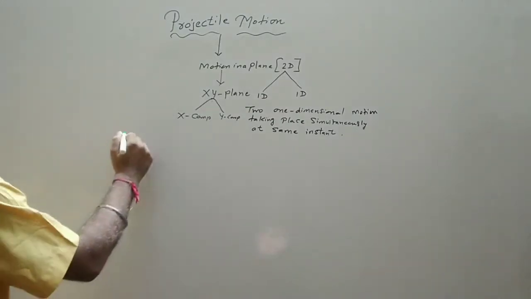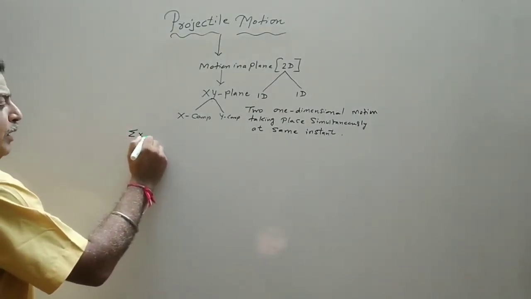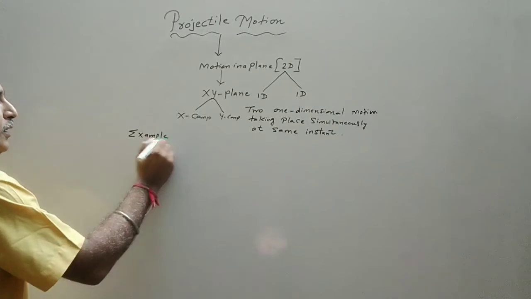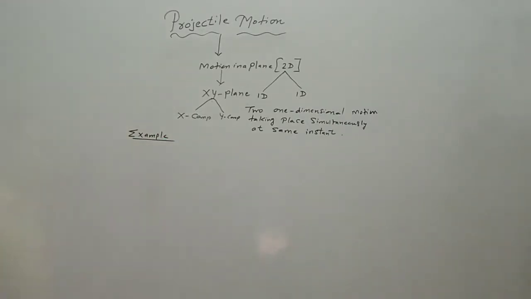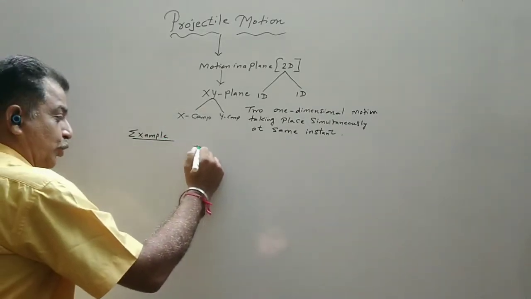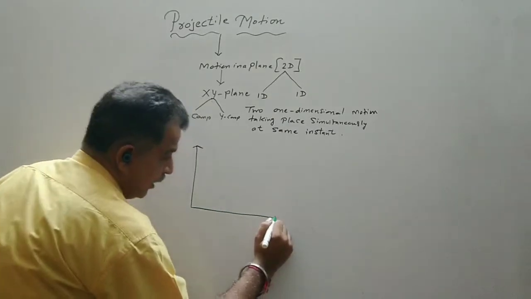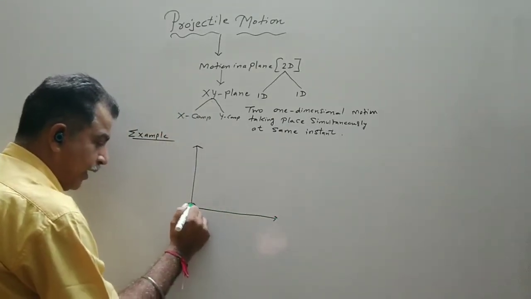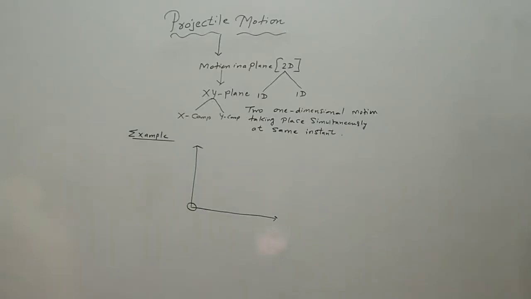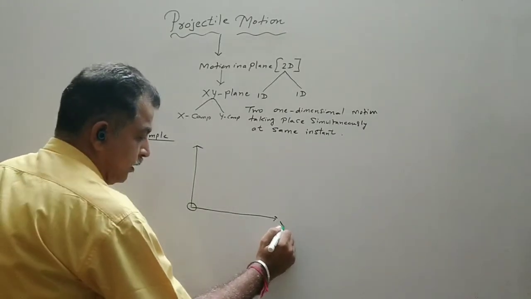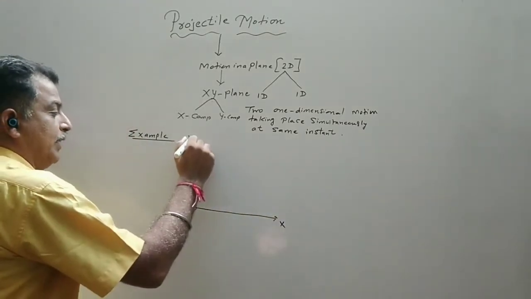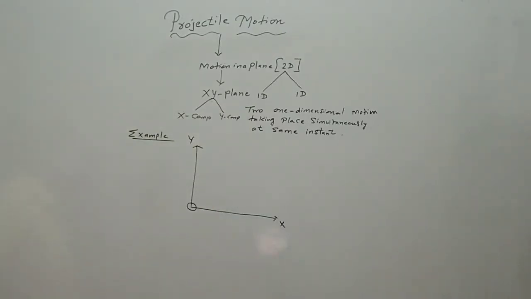Now let us see a simple example of a projectile motion. Let us assume that a football is placed at the origin of the Cartesian coordinate system. For simplicity, we assume that the motion is in the xy plane.